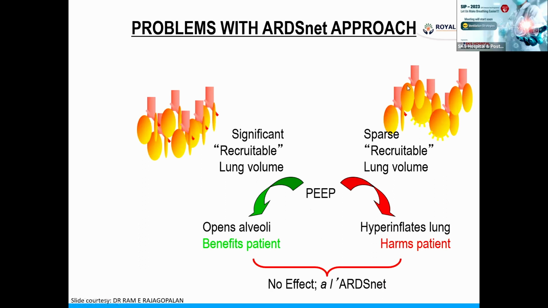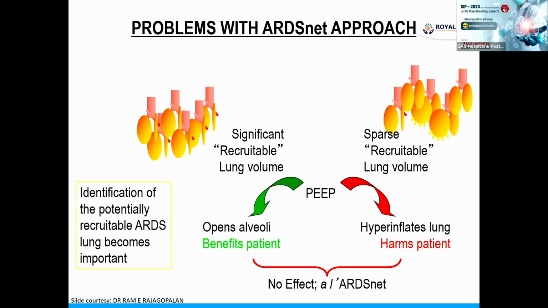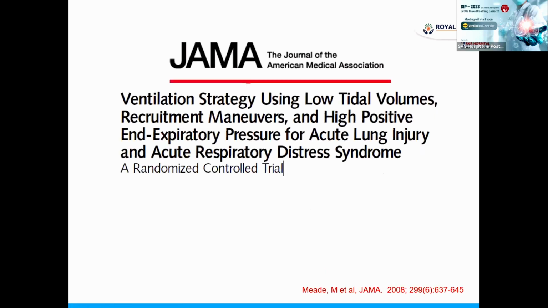Whereas in patients in whom there is only very little recruitable lung volume, or very few alveoli which can be opened up, it is not going to cause improvement. It is going to cause harm by over distension of the alveoli. So this has to be identified, who are recruitable and who are not recruitable. That again needs a lot of practice at the bedside.